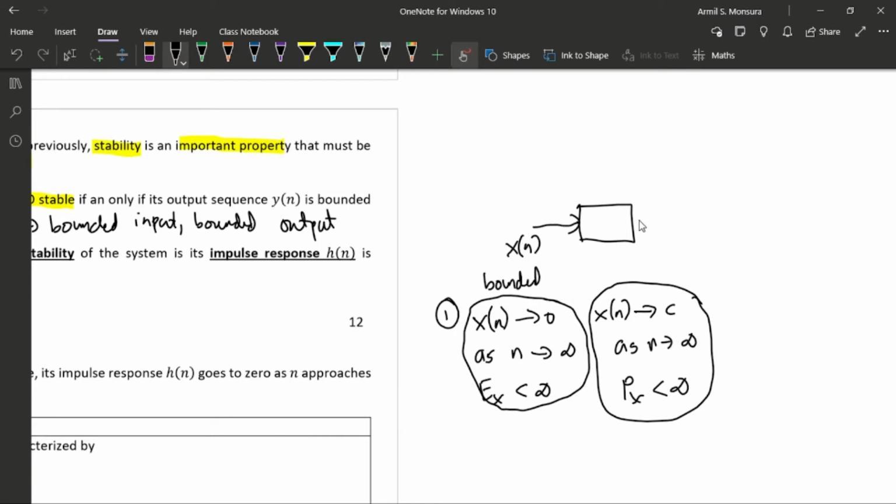Now, if you have fed your system with a bounded input sequence, supposedly the output sequence it produces is also bounded, hence the name bounded input, bounded output. So that is BIBO stability, as was discussed in lesson 2.4.